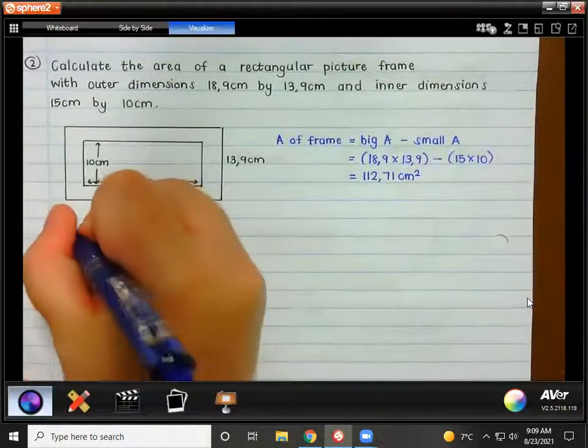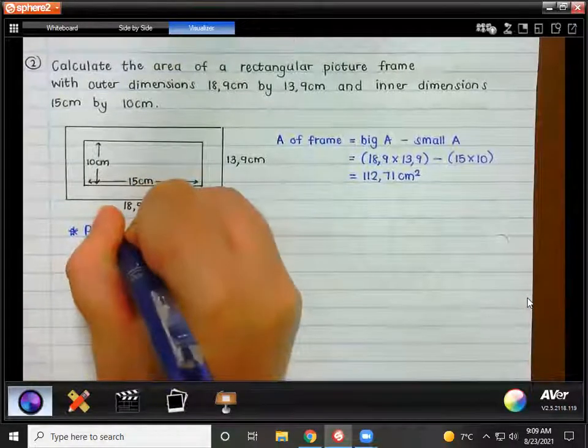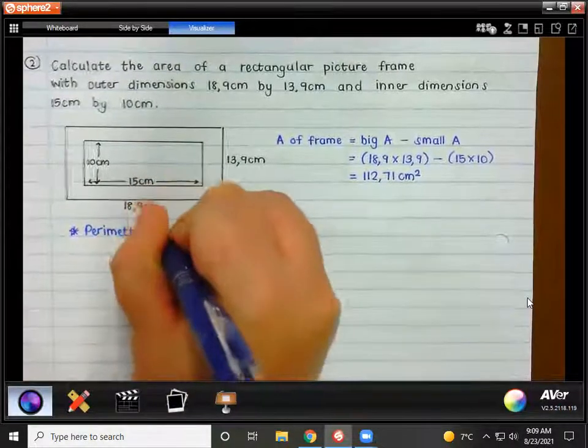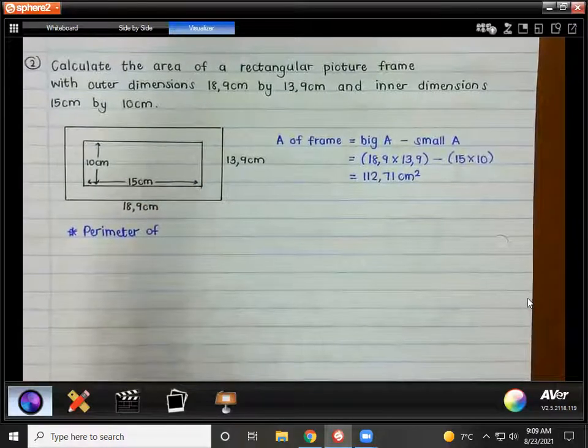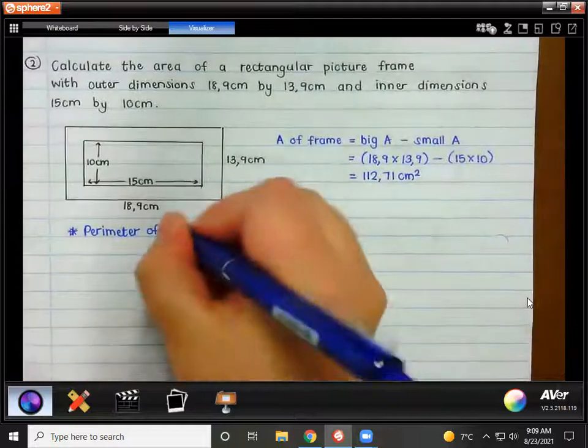So let's just add a little note here. Perimeter of any shape. Guys, you don't actually have to memorize all those perimeter formulas. The only one that you will have to memorize is when we get to circles, but we'll do that later.